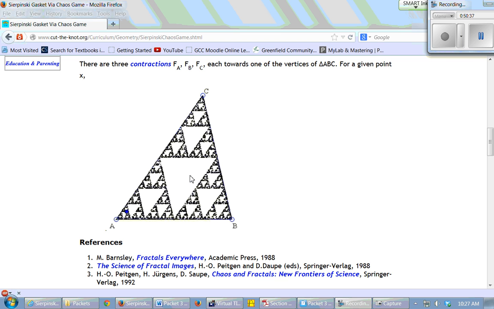Then you would have one point in the middle, but they would all end up clustering around here. Nope, nothing will go in there. It's empty.